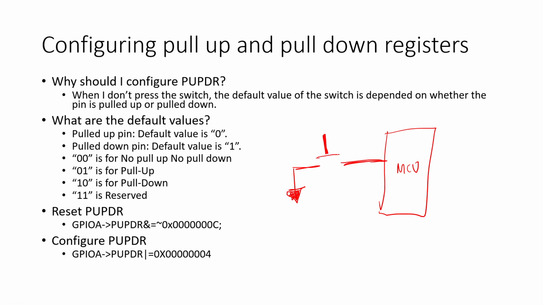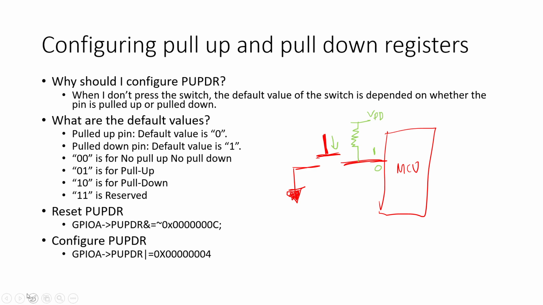So for example, if you want to pull up this pin, you simply add a pull up resistor and connect it to VDD. So now if you press this switch, this will read 0. If you do not press this, as this is already pulled up, this will read 1.